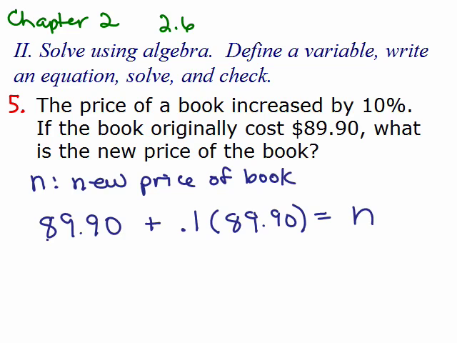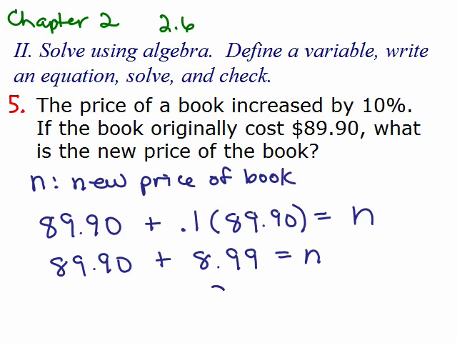You have to take the original price, you're going to mark it up 10%, and you're going to get a new price. I'm sure a lot of you could have done this without algebra. So we have $89.90 plus, what's 10% of that? $8.99. So what we're doing is adding $89.90 and $8.99, and that's all there is to this problem.